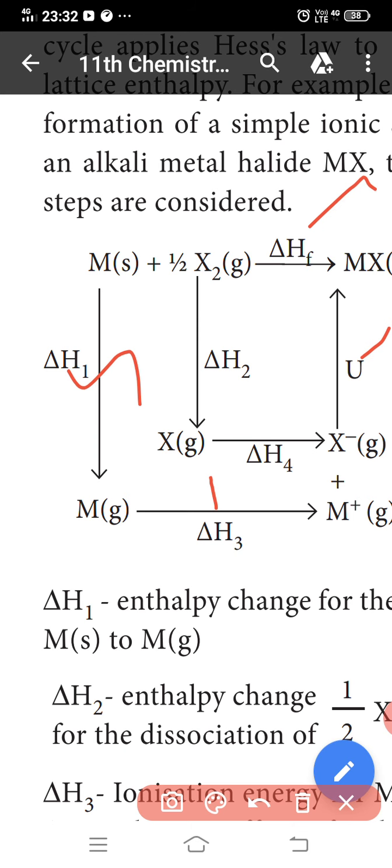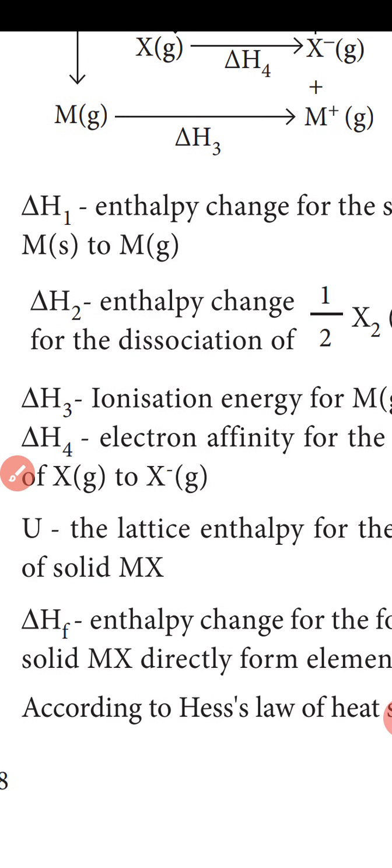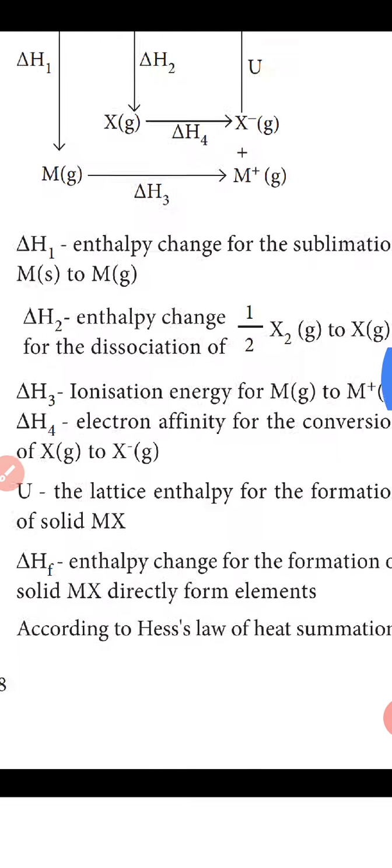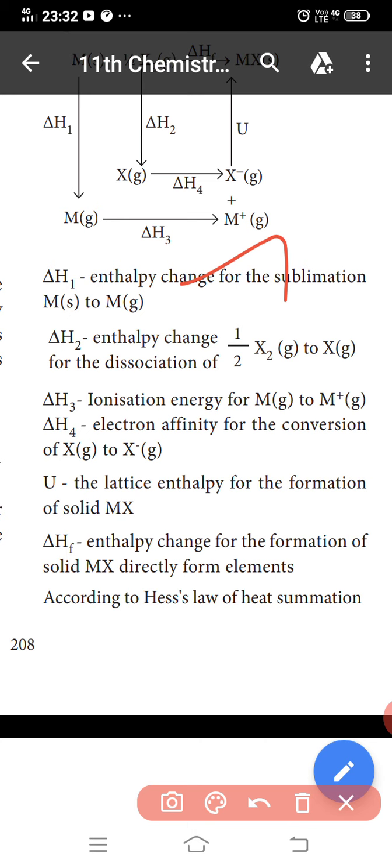See this: ΔH1 means the enthalpy change for sublimation, where the metal solid is directly converted to the gaseous state. The next, ΔH2, is the enthalpy change for half X2 gas to X gas, the dissociation.